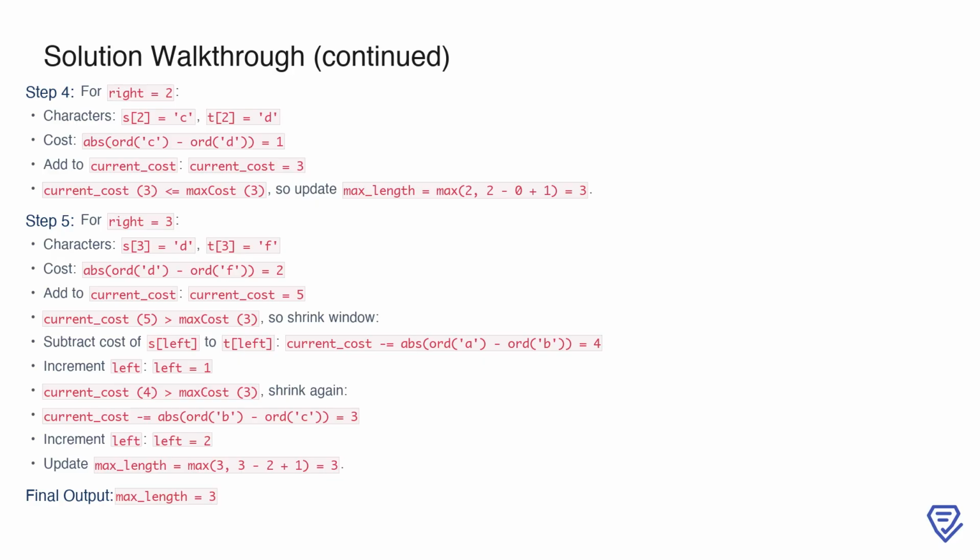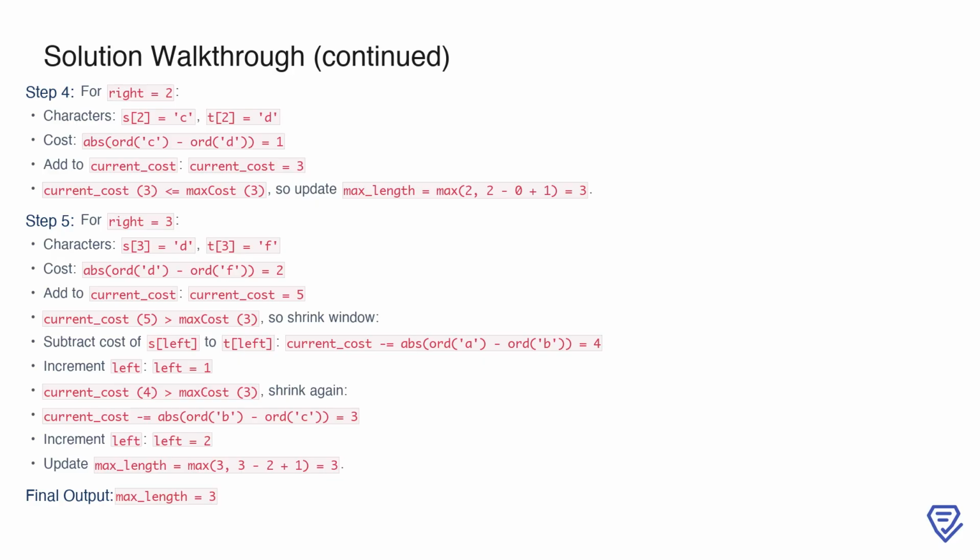Next, for right equal to 3, the characters are D in S and F in T. The cost here is 2, so adding it to current_cost gives us a total of 5. Since 5 exceeds max cost, we need to shrink the window from the left. First, we subtract the cost of transforming S[0] to T[0], which is 1, reducing current_cost to 4.